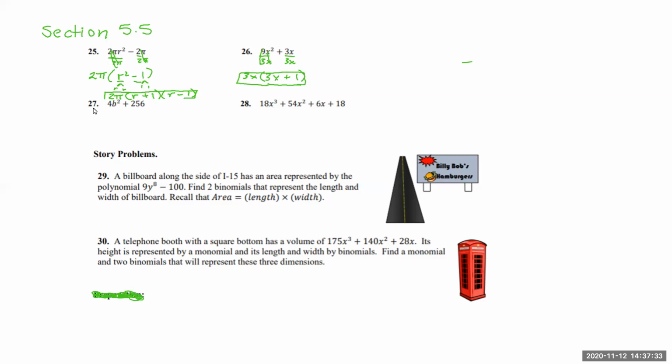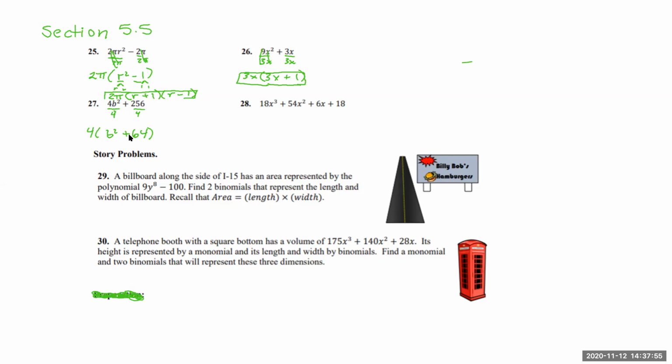Okay, coming over to 27, we're going to go ahead and factor out 4. That looks like that's the thing that's in common here. When we do that, we're going to be left with b squared plus 64. You can do that in your calculator, 256 divided by 4.